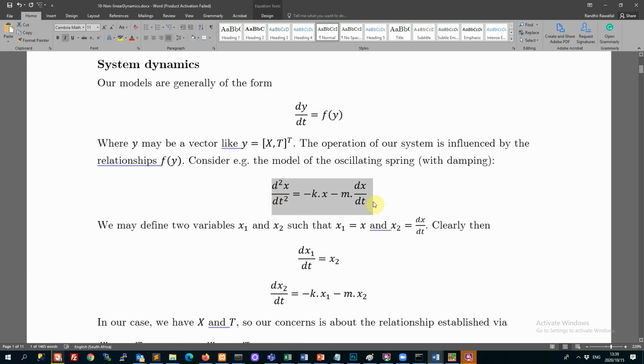So in an oscillating spring, we can imagine a spring at rest, and then if we stretch that spring by an amount x, then we are introducing tension into that spring. And then if we let the spring go, then the spring will tend to act in the opposite direction to the amount we stretched it out to.